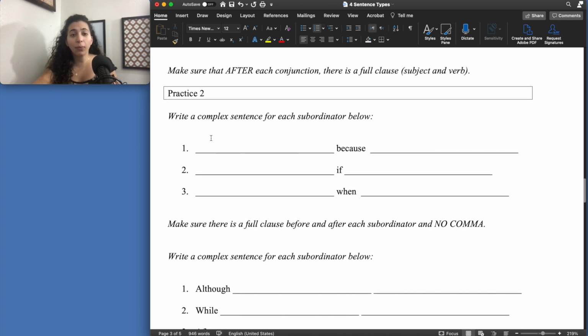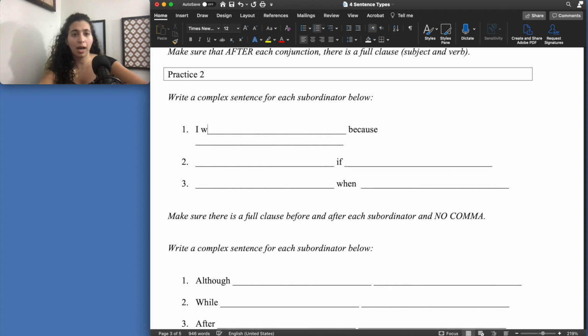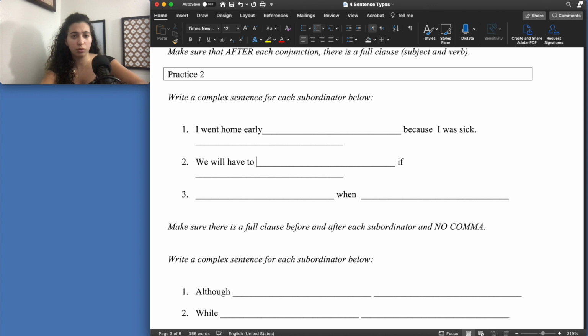Okay? So now we have to write a complex sentence, and we have because. I went home early because I was sick. Okay? We will have to visit Canada if we want to see our grandparents.